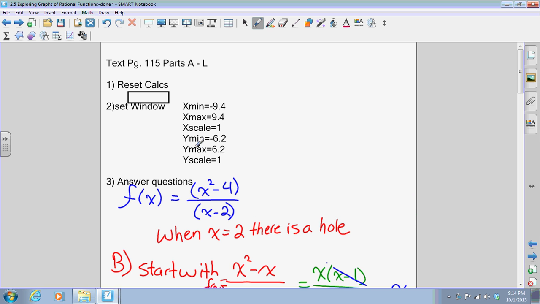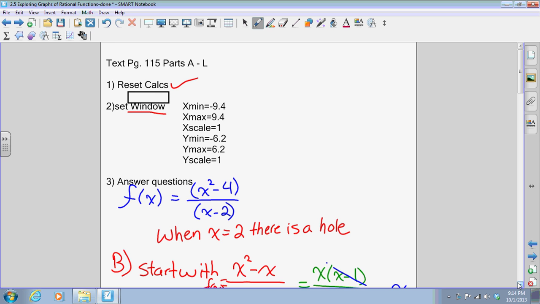All right, ladies and gentlemen, so in your textbook, page 115, we're going to take a look at an example. First of all, remember to reset your calculators like we do in class. And in this case, we're going to set the window to some specific values just so we can get some nice graphs. So press window and enter these values in. The only one we don't have to worry about is the X resolution.